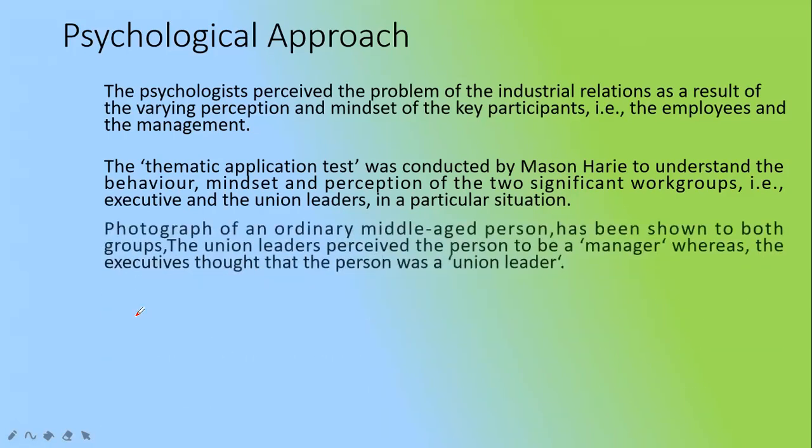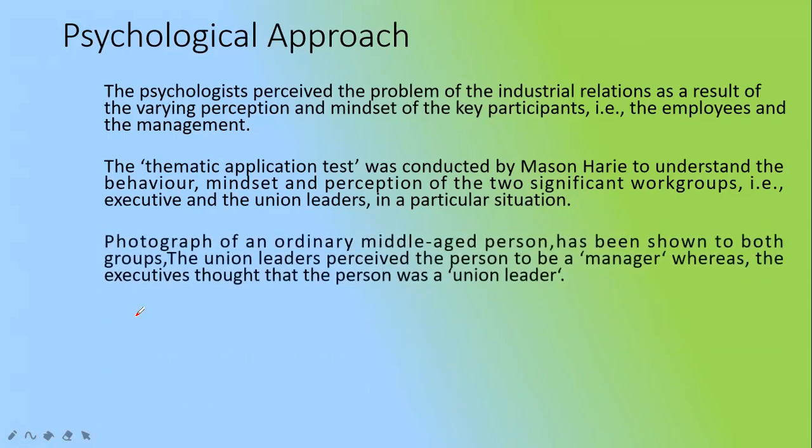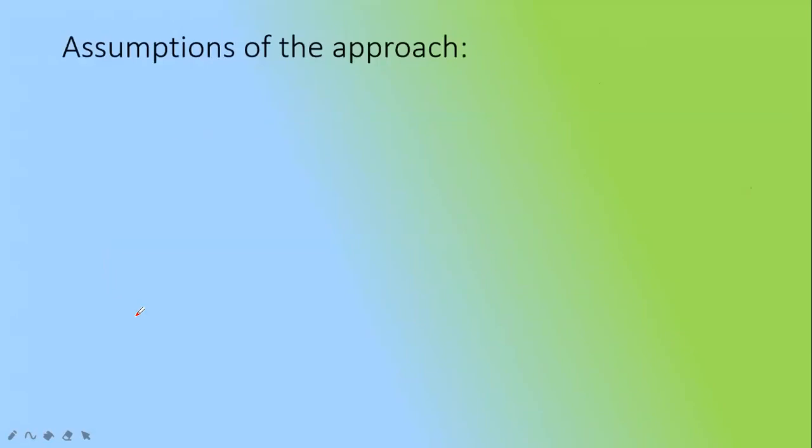He gave a photograph of an ordinary middle-aged person and showed it to both groups, that is, union leaders and managers. The union leaders perceived the person to be a manager, whereas the executives thought the person was a union leader. So it shows the difference in opinion, and one does not agree with the other.